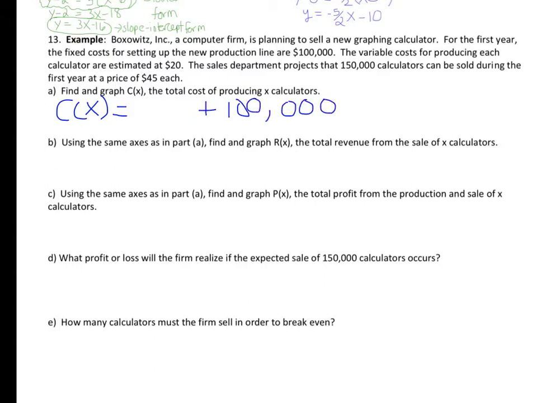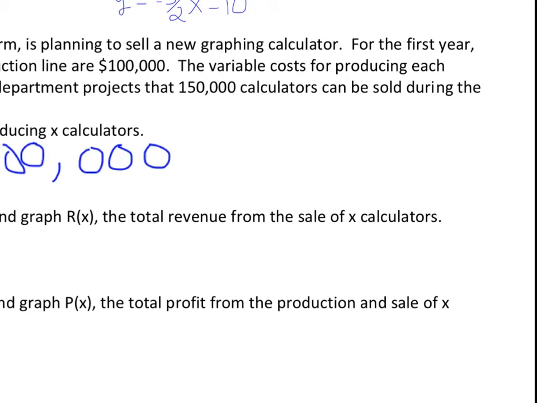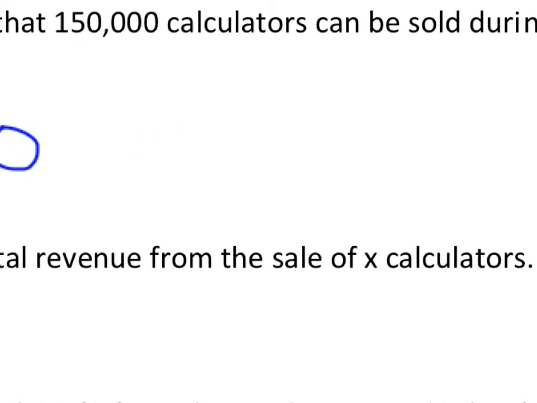That's your B. B is generally your fixed cost, and then your variable cost is what your slope would be, your M, and that's 20 times however many you're producing, which is X. So 20X plus 100,000. It also says to graph it, and I didn't leave a whole lot of room for that, but we can still do it.